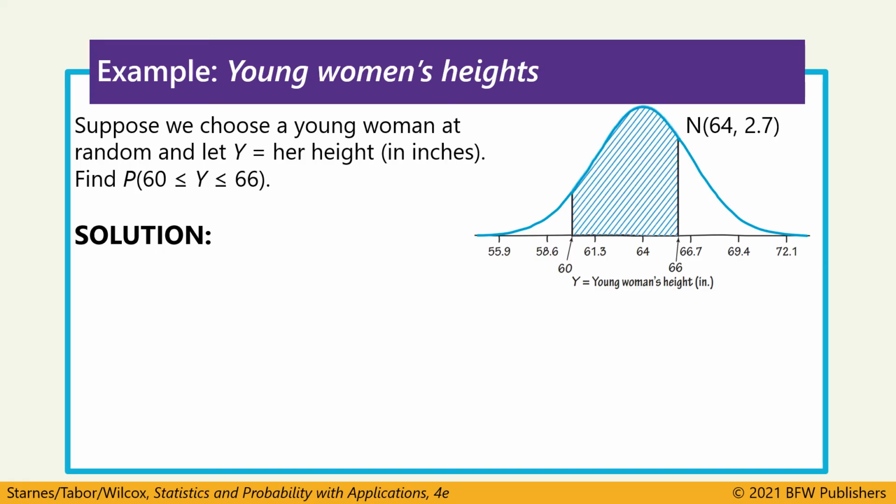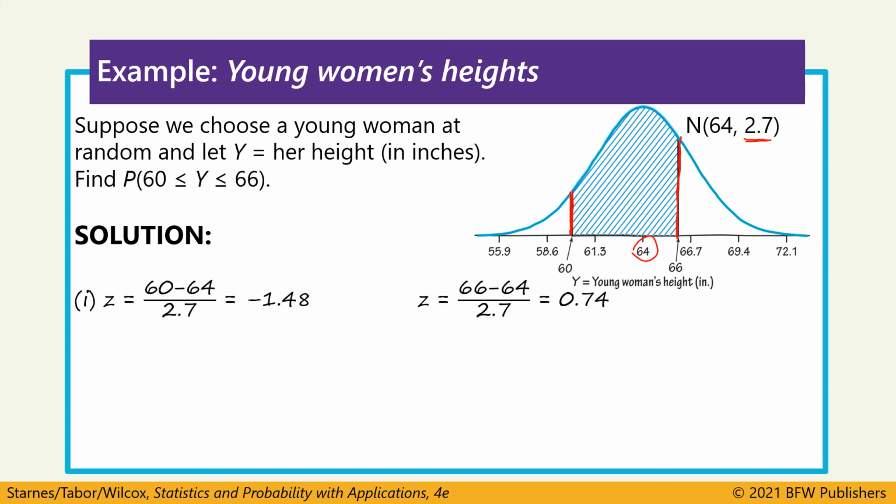It has a mean of 64 and a standard deviation of 2.7. We want the probability of choosing someone between 60 and 66 inches. So we set those boundaries, we shade that area, and we need a Z-score for each of those red lines there.